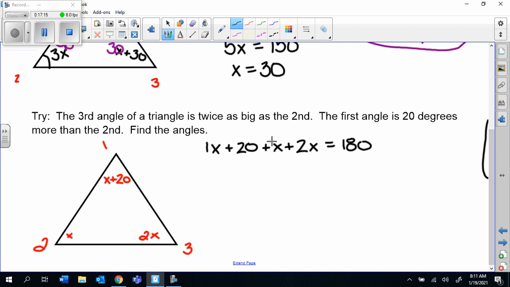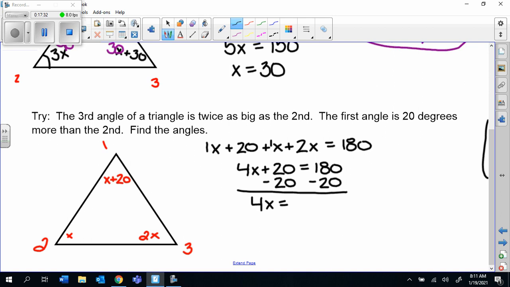So 1 plus 1 plus 2 is 4x plus 20. Take the 20 to the other side. And then we're going to divide by 4. So x is 40.